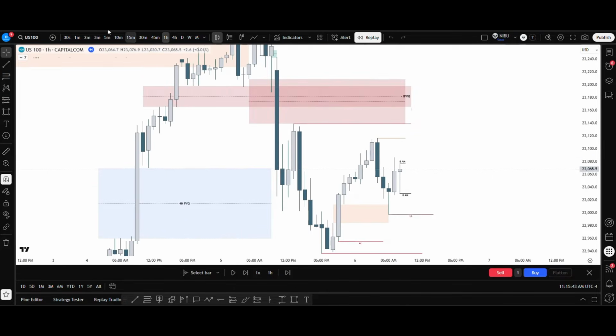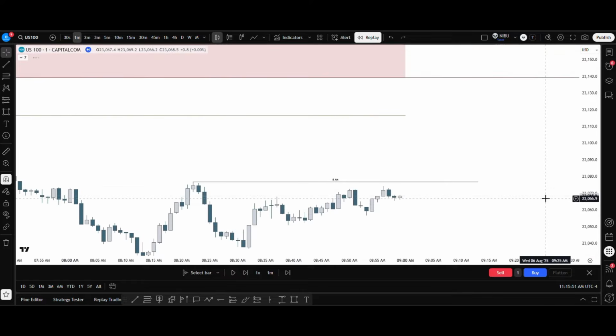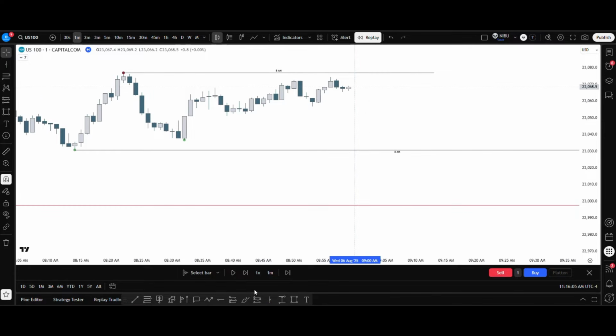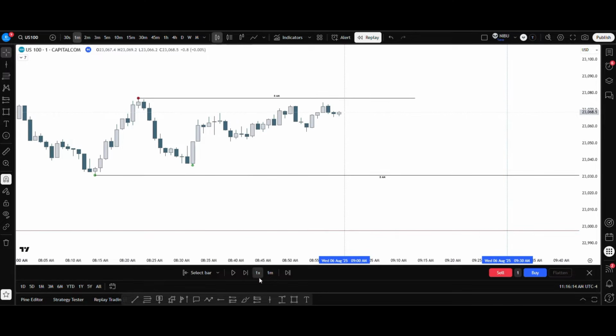So let's move to 1 minute time frame, and mark the 9:30 open, sorry, 9 o'clock open here, like 9 o'clock candle open here, and 9:30 open here.